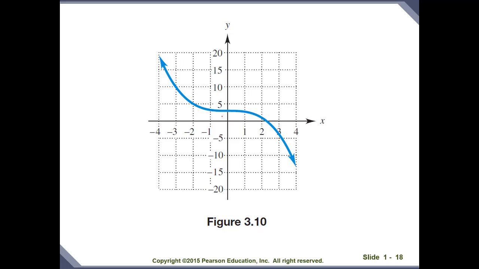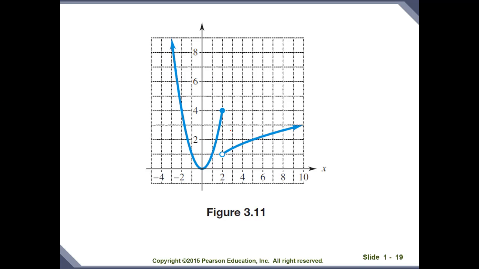This is the graph of the function f of x equals 3 minus the quantity x cubed divided by 4. This is at the top of page 128 in your textbook. And it shows the points that they chose to graph this. Here we have an example of a piecewise graph.